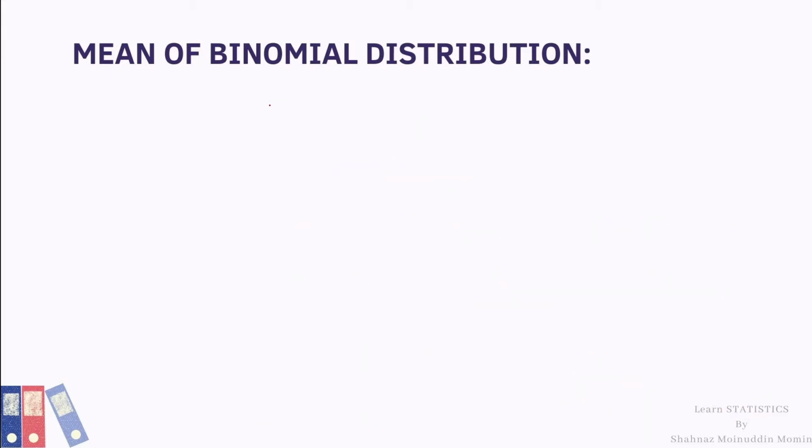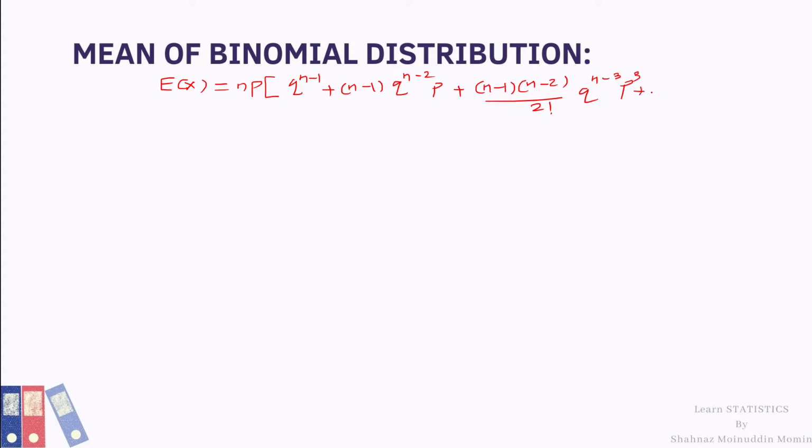So it is expectation x equal to np into q raised to n minus 1 plus n minus 1 q raised to n minus 2 p plus n minus 1 n minus 2 divided by 2 factorial q raised to n minus 3 p cube, plus and so on, p raised to n minus 1.